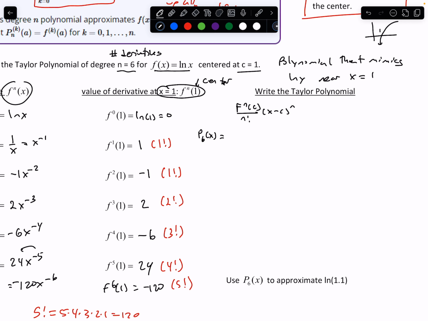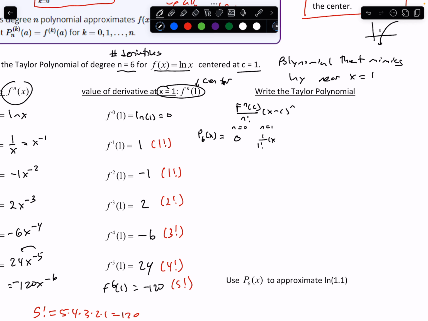So the first thing we're going to do, let n equal 0. We said that was just 0, so I can just plug that in. Don't worry about that. That's just 0. Next, let n equal 1. The value of our first derivative, we said was positive 1 there. So 1 over 1 factorial.